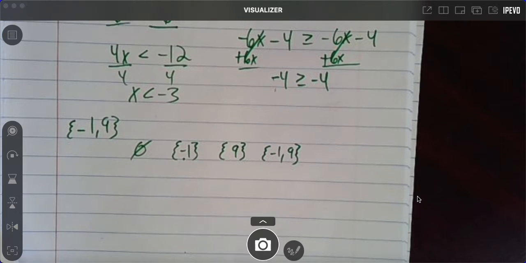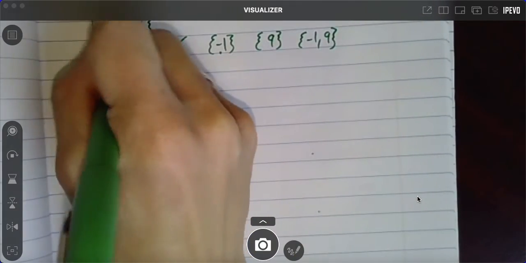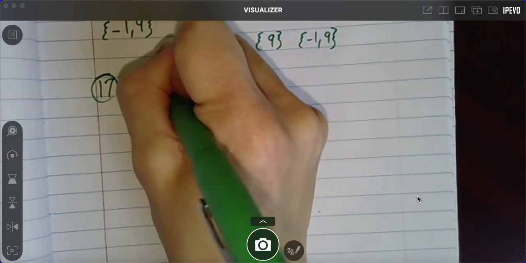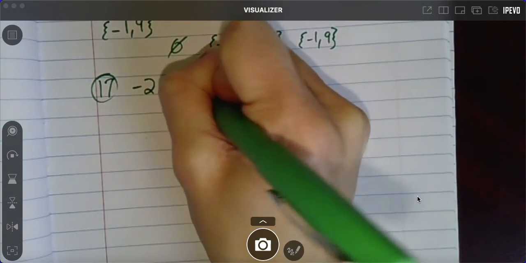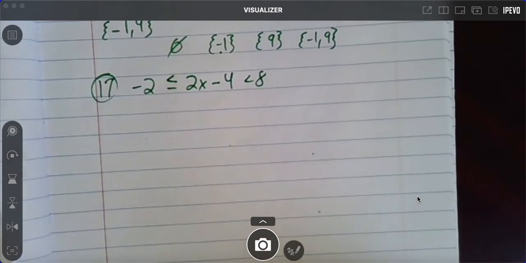All right, let's see what's next. Number 17. This one you have 2 problems. Does everybody kind of see that? It's a compound inequality. So we're going to have 2 parts to our answer. I'll write what they have first, and then I'm going to split that up into my 2 parts.